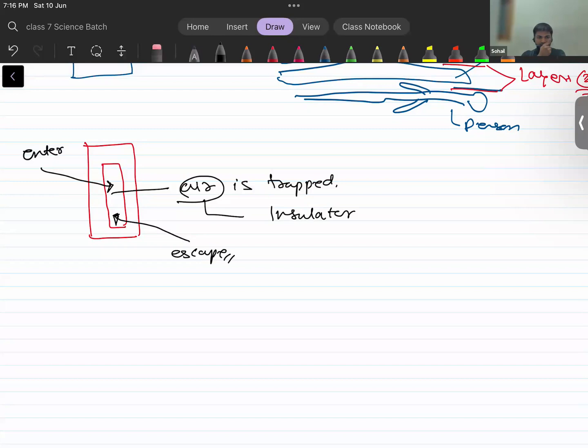Sir, how does sunscreen work? Sunscreen basically works in this way. Let's say someone applies it on their hand. Sunscreen forms a layer over it so that the skin is not directly exposed to the harsh sunlight.